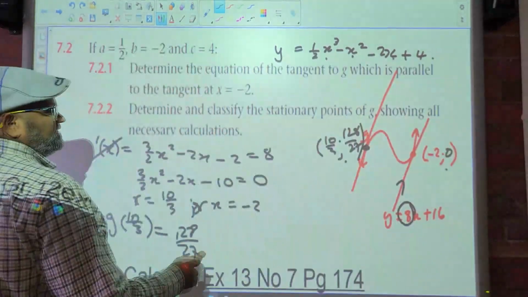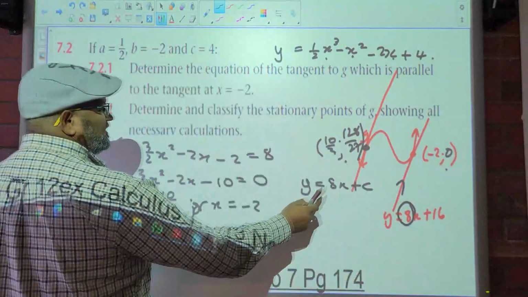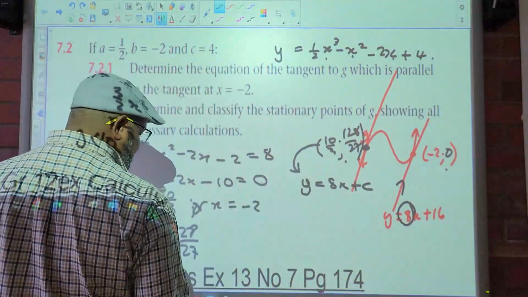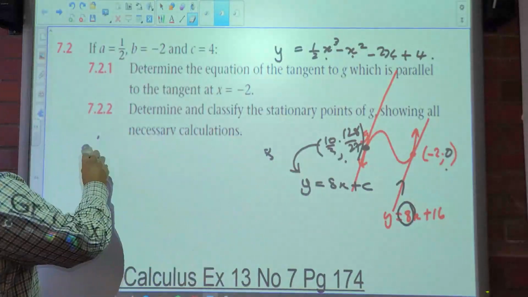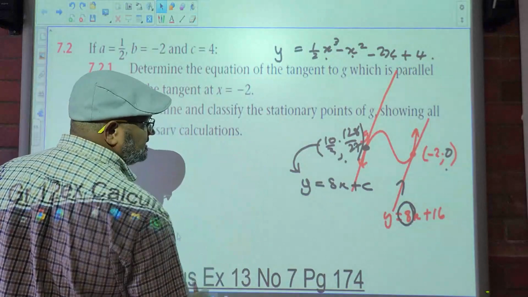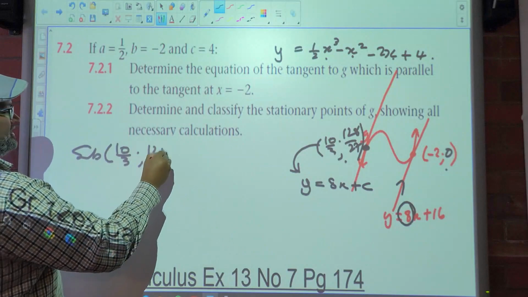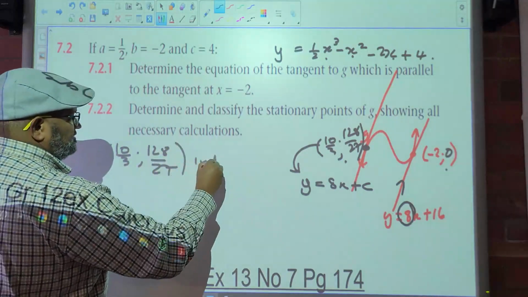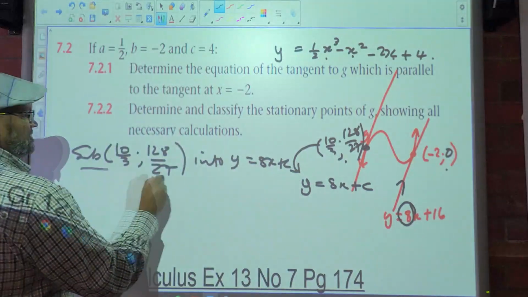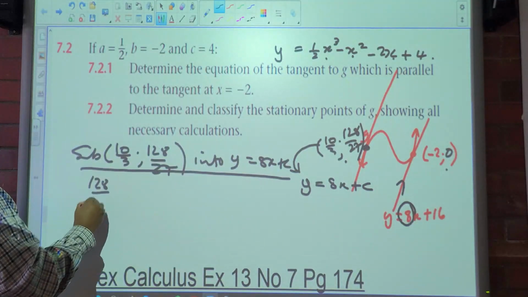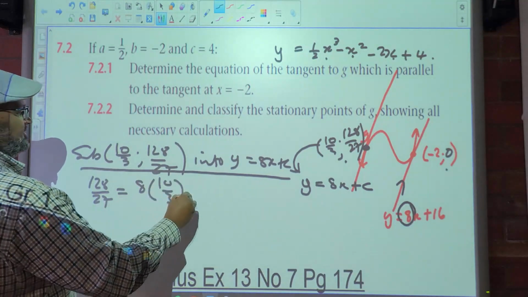So have I answered the question? No. Remember the equation now reads y is equal to 8x plus c. So in order to calculate c, I must substitute the point that's lying on that straight line, as you can see here, which is 10 over 3 and 128 over 27, into y is equal to 8x plus c. So we got 128 over 27 is equal to 8 times 10 over 3 plus c.